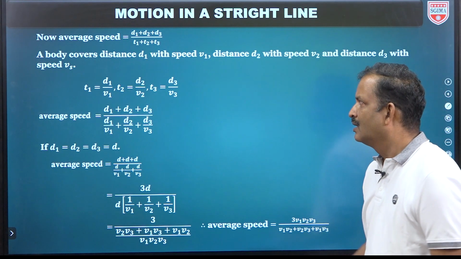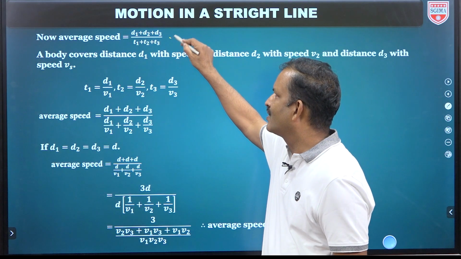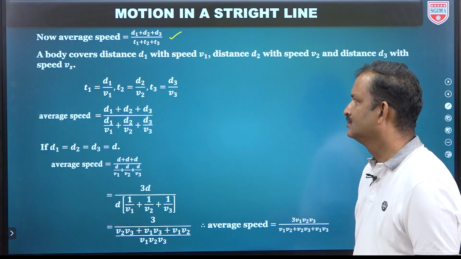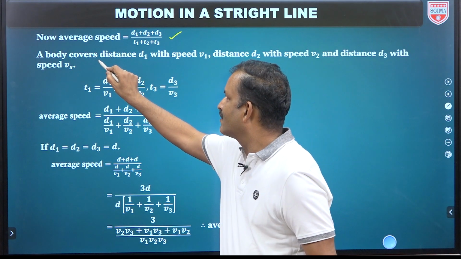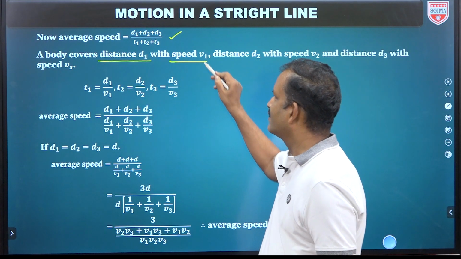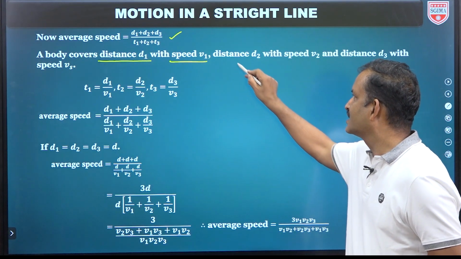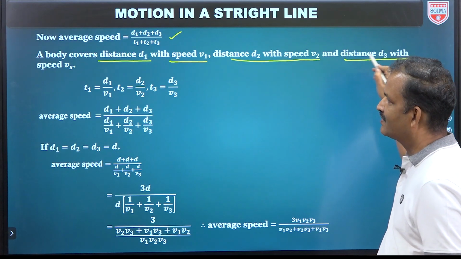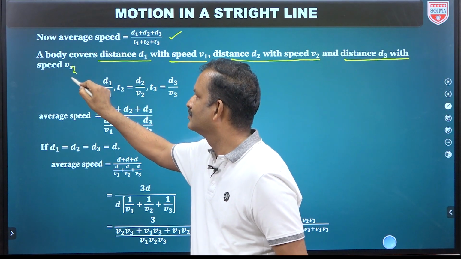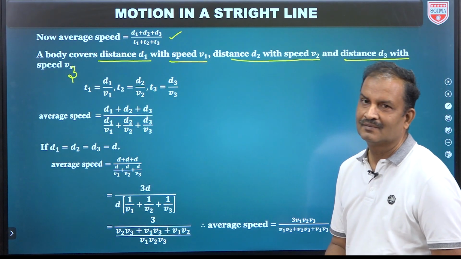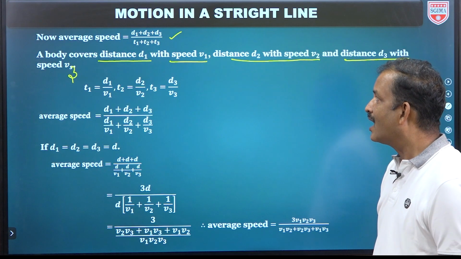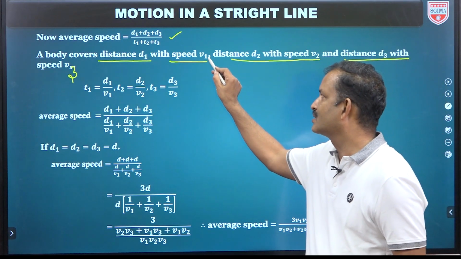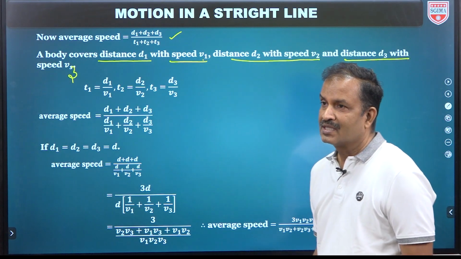Now, the actual average speed formula is total distance by total time. Suppose a body covers distance d1 with speed v1, distance d2 with speed v2, and distance d3 with speed v3. Then we have distances, but we have no times. Instead of times, we have speeds.